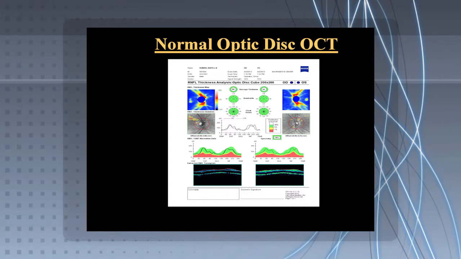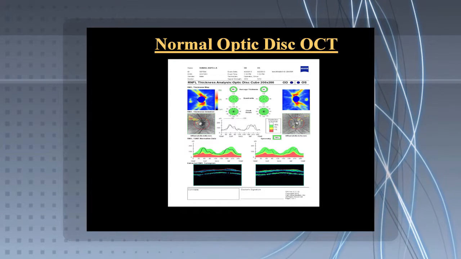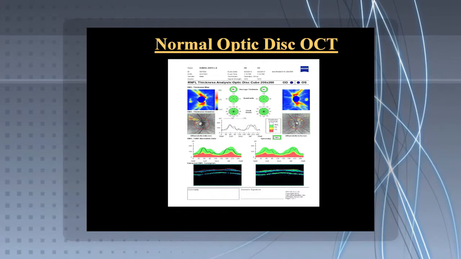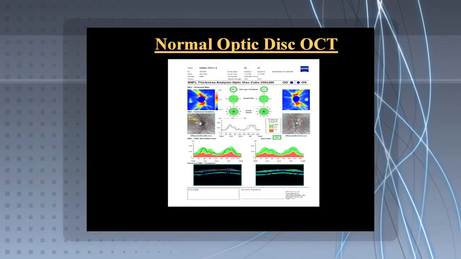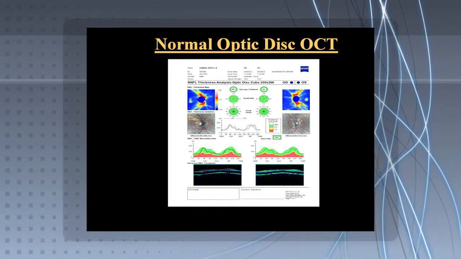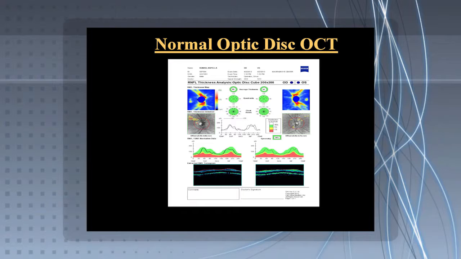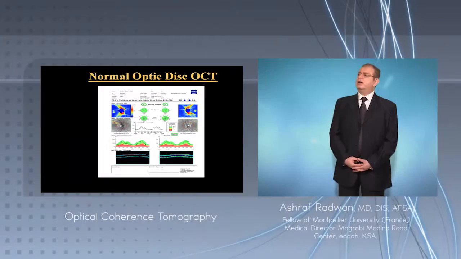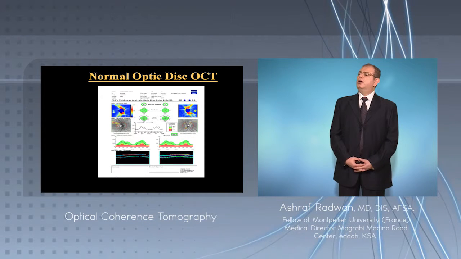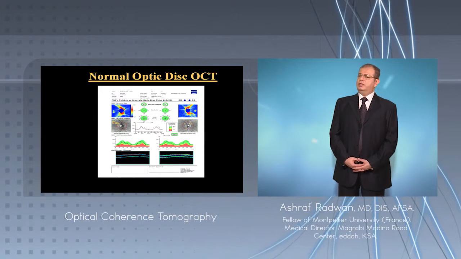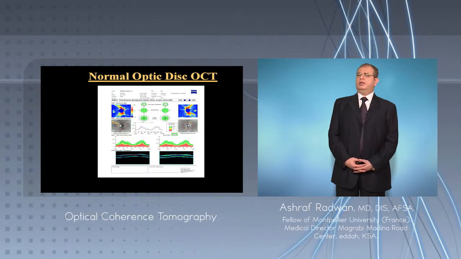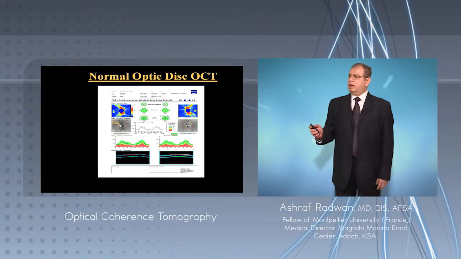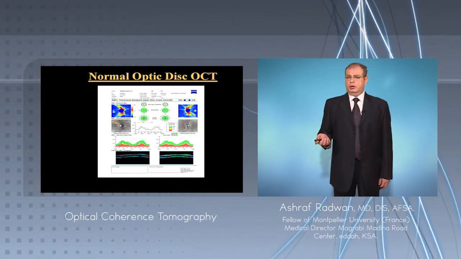As we see here, the average retinal thickness should be over 80 microns in most cases, with the two humps appearing in the superior and inferior quadrants of the optic nerve, and very clear hyperreflectivity in the upper and lower quadrants of the optic nerve, as seen in the image. This is a normal appearance of the optic disc in a normal patient.